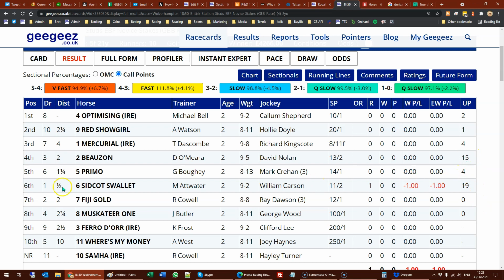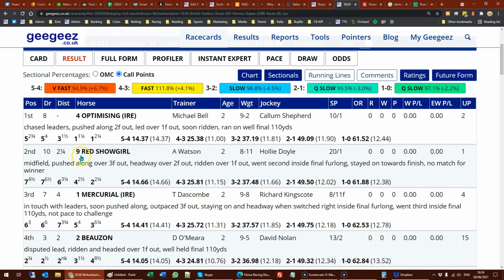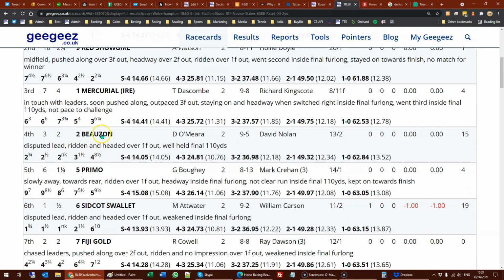Now, on slightly closer inspection, if I put the running lines on, and the comments. Right. So if we look at Boson, we can see that he disputed the lead, and you can see that he was second within 3/4 of the lead, second within half a length of the lead, and next second at the 2 pole, third, and then just kind of faded at the end.